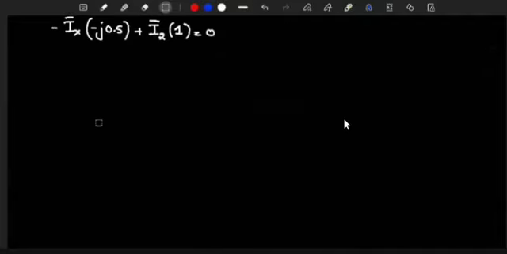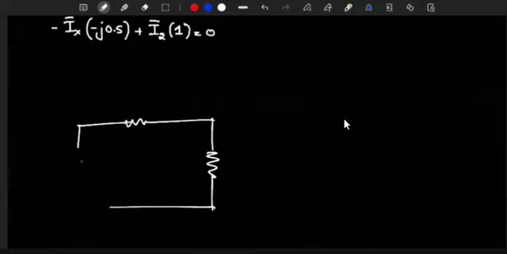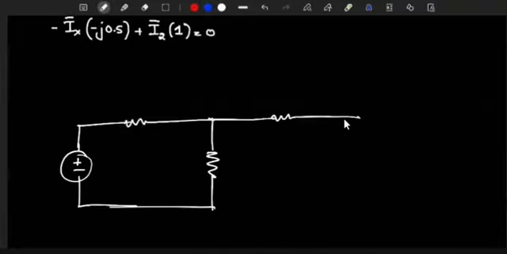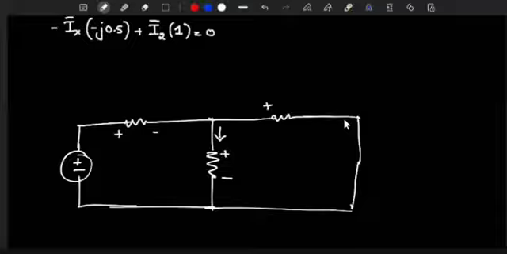Okay, so let me use a purely resistive example. Suppose we're dealing with a DC circuit. Current going down means positive is on top, negative is down. Positive is here, negative is here, positive here, negative there.